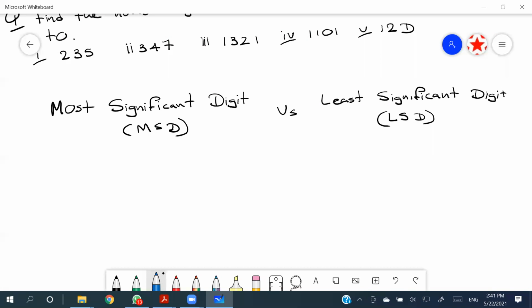When you consider an integer, let's say 179, the most significant digit will be this, which is the 1, and the least significant digit will be this, which is the 9.